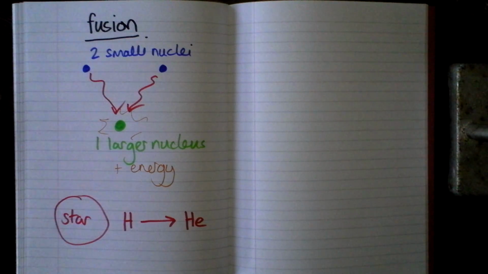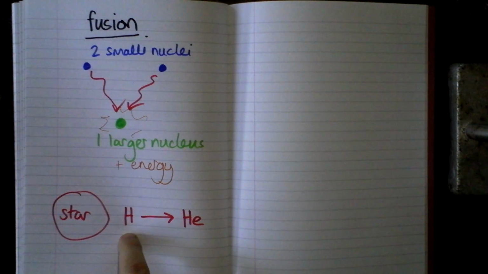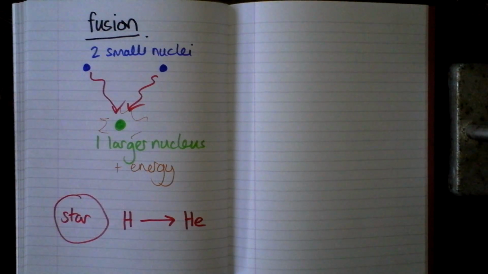We do not use fusion on Earth. We would love to, because we have plenty of the raw ingredient, hydrogen, or some of the different isotopes of hydrogen. We have tons of that around. It doesn't produce any radioactive waste, and it could release a massive amount of energy that could solve our difficulties in finding energy sources. However, this reaction is very, very difficult to get started.